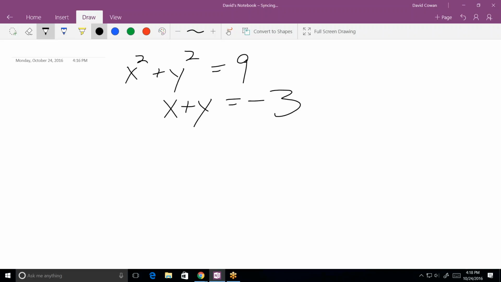But what if I take the second equation and solve for either x or y, substitute it into the first equation, and then I'll have an equation in one variable only. Let's solve the second one for y. So y equals minus x minus 3. Now I go back into the first equation, and wherever I see y, I'm going to substitute minus x minus 3.